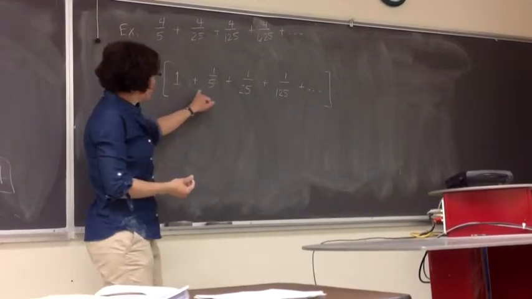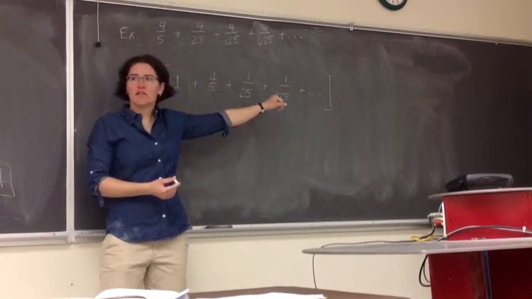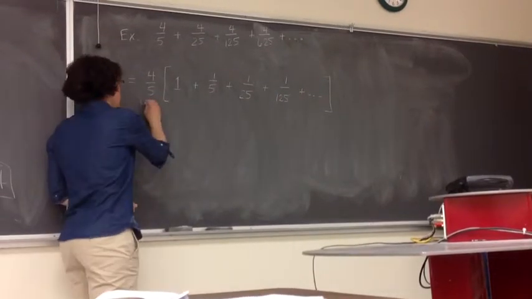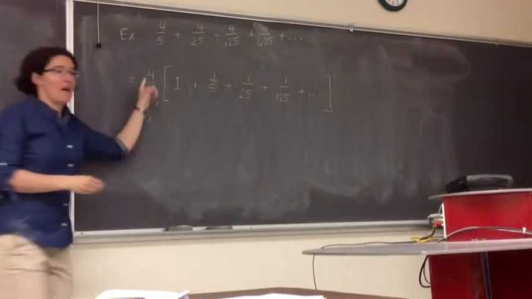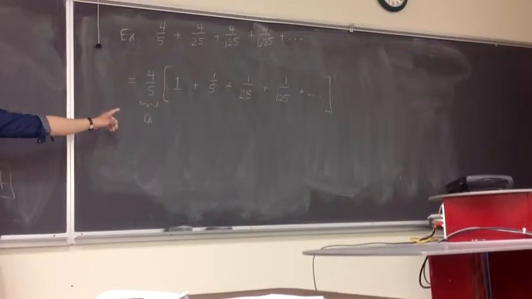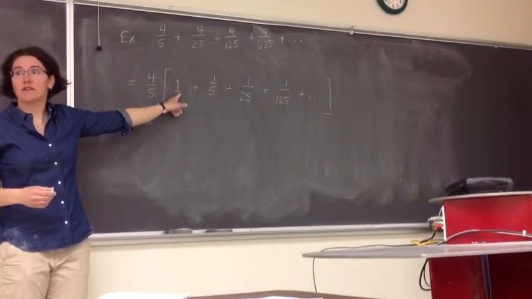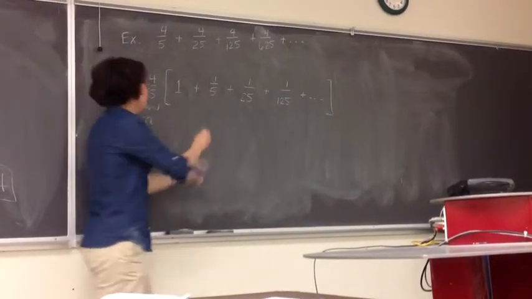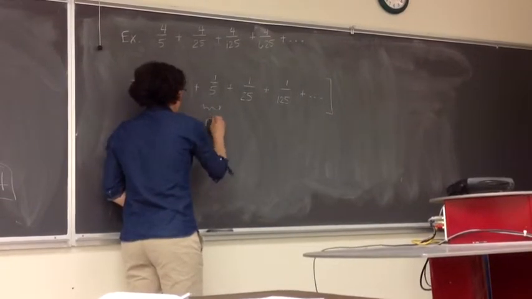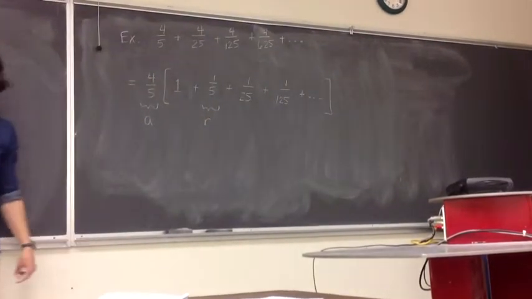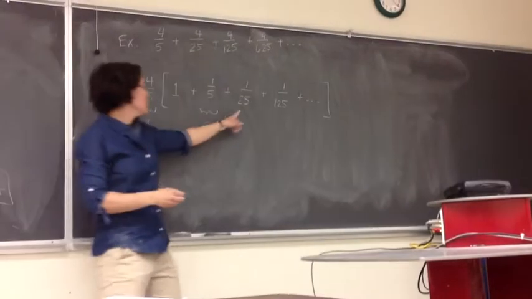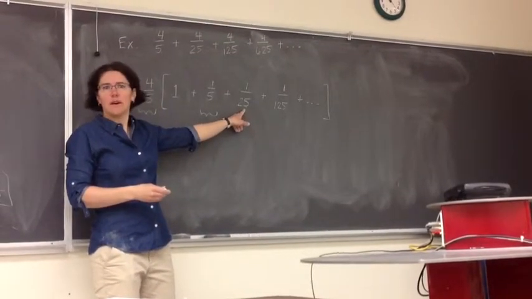So now the question is, are these terms in here geometric? It looks like what we have here maybe is an a value of 4/5. And then I have a 1, which is an r to the 0. And it looks like our r value is going to be 1/5. But just to double check that, is it true that 1 over 25 is 1/5 squared?